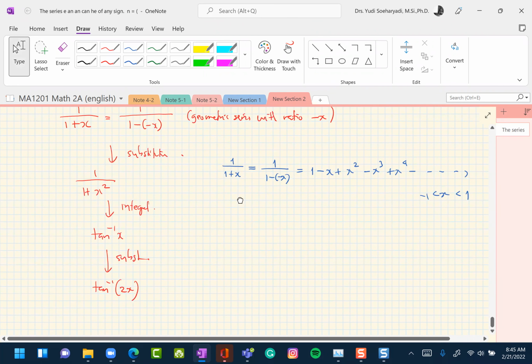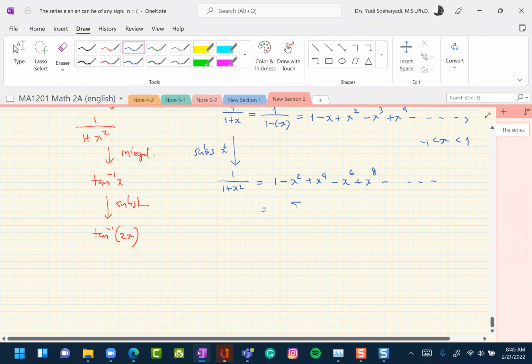Okay, so doing substitution, you replace x by x squared, so you get 1 minus x squared plus x to the fourth minus x to the 6.